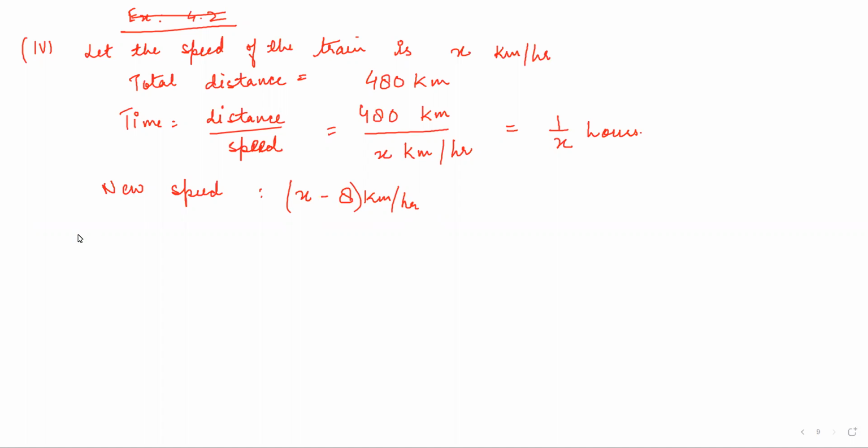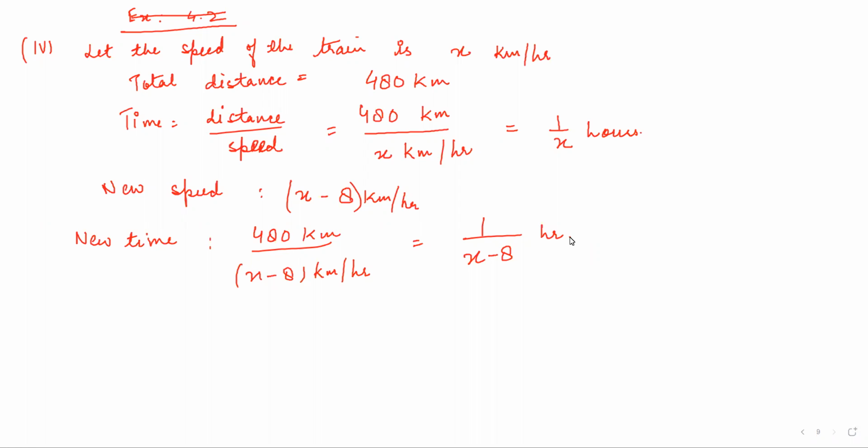So what is the new time? It is 480 by x minus 8. Yes, so 480 kilometers divided by x minus 8 kilometers per hour. Again, kilometer gone. So you are getting 480 upon x minus 8 hours. Hamna, any problem so far? No, ma'am.